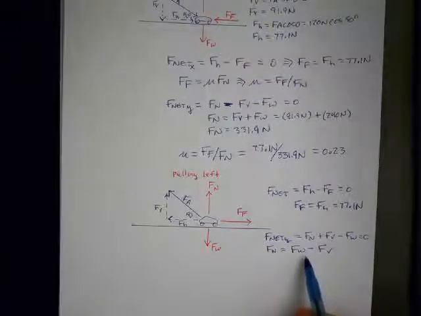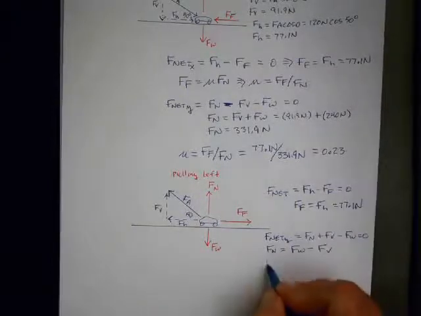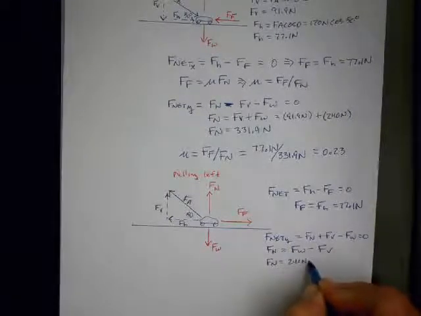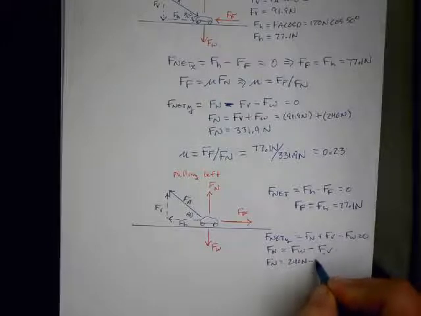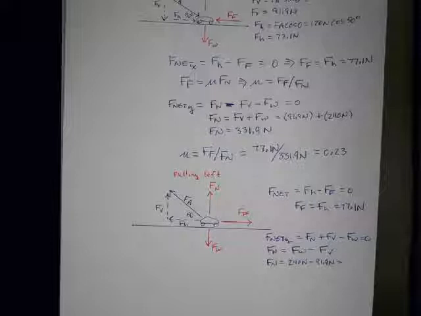Now, the forces didn't change. The same two forces that we had up above in part A. So it's still going to be our 240 newtons, but now it's subtracting the 91.9 newtons. Which gives me that.